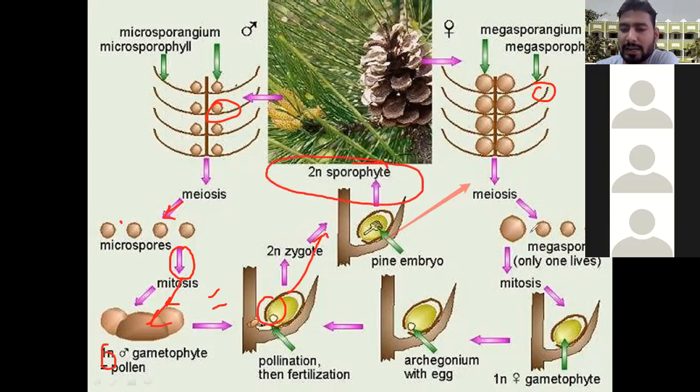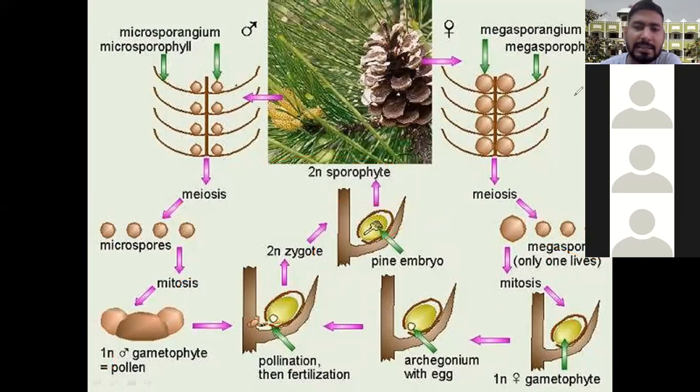Similarly here, the megaspore mother cell undergoes meiosis and produces the megagametophyte. Male gametophyte is the pollen grains, and female gametophyte looks like the structure of an embryo sac. Both fuse together and ultimately the zygote forms, which is the sporophytic 2n stage of the plant.